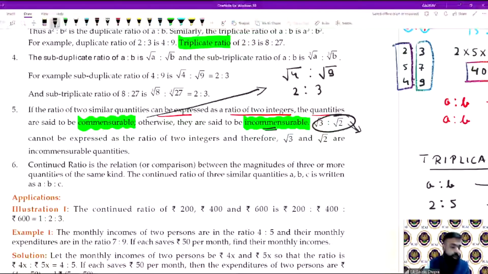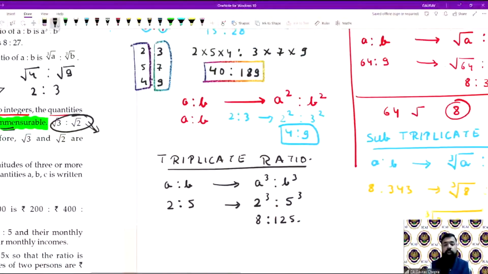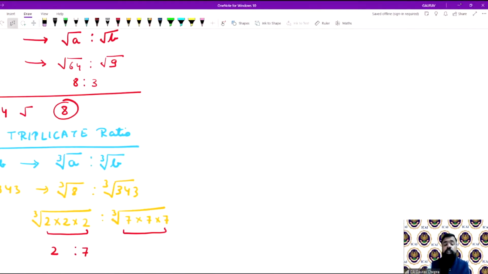Okay, now there is one common doubt from many students: how to calculate cube root on a calculator. See, if you look at your calculator, there is no cube root button on it.